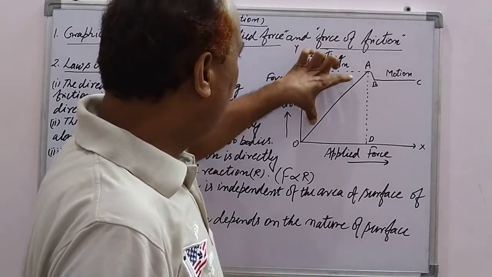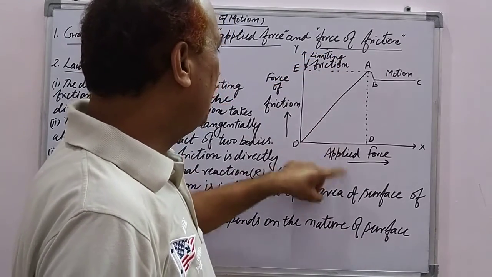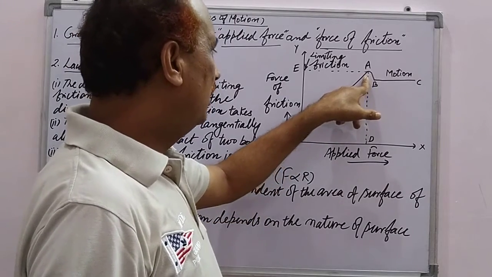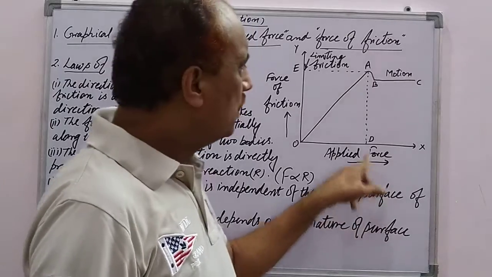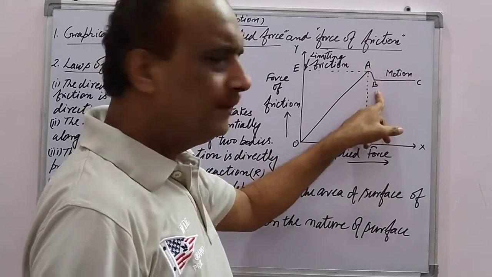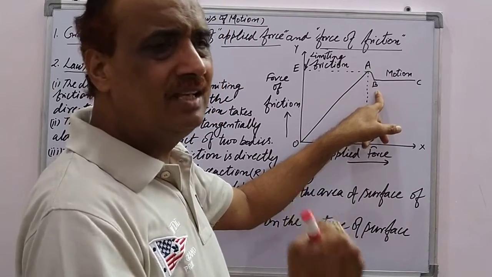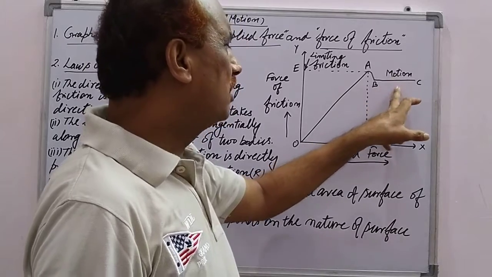So the OA graph represents the relation between the applied force and the static friction. The point A gives the limit of the limiting force of friction with respect to the applied force. From A to B the body is sliding slightly, and after that it comes in motion.